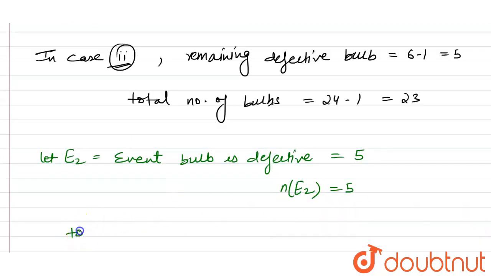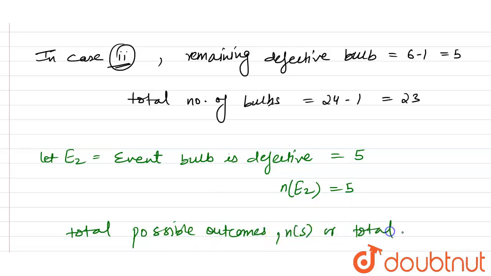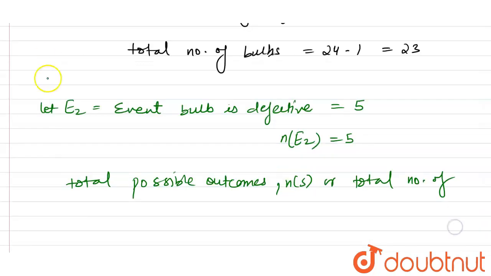Now total possible outcomes, which is NS, or total number of bulbs in case 2, is equal to 23.